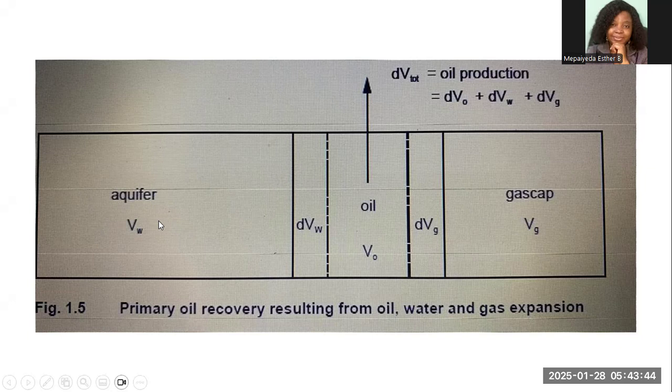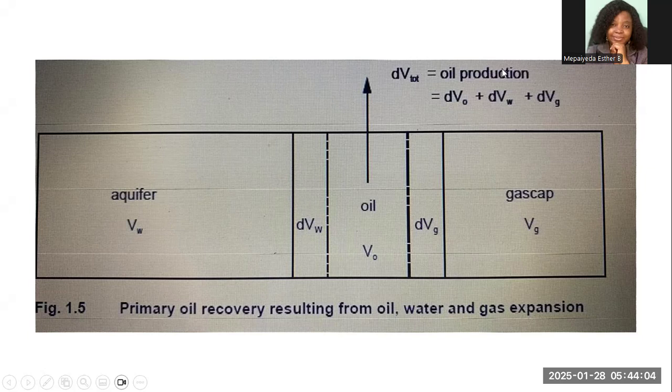Okay, so here, your aquifer backs up the reservoir, provides energy. Then you have a change in volume of water, change in volume of oil, the change in volume of gas, as a result of this gas cap expansion, as a result of aquifer expansion as well. You have a change in volume of water.